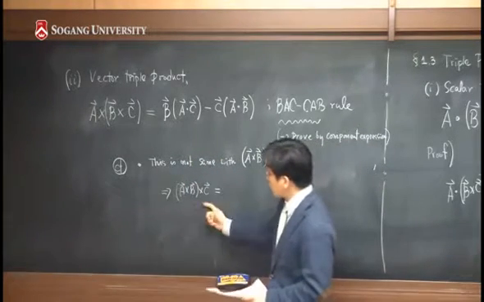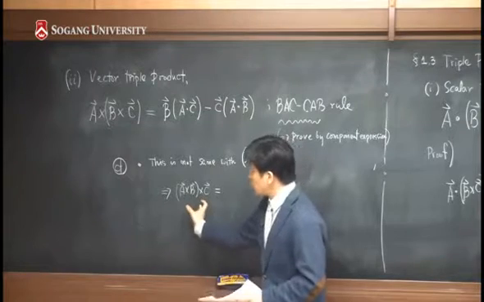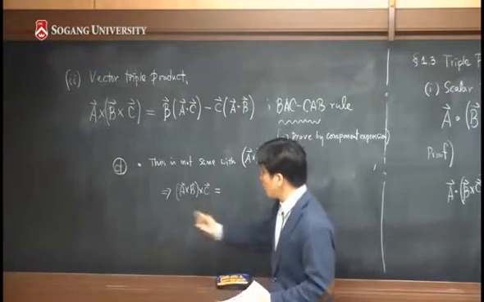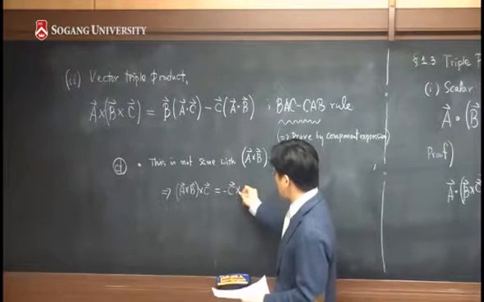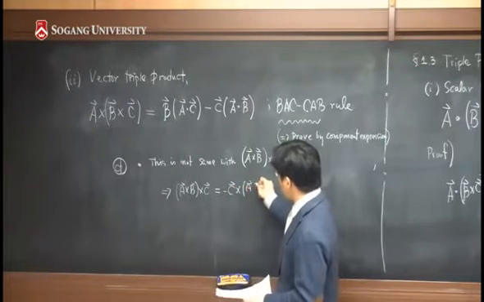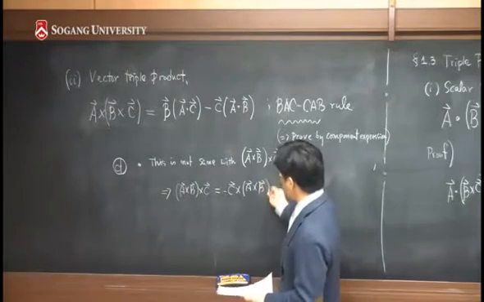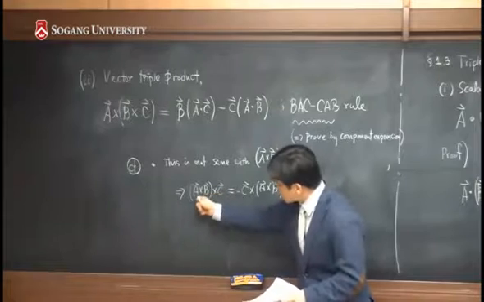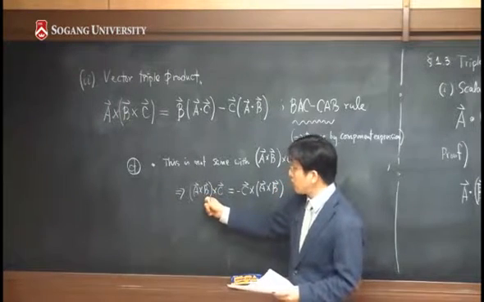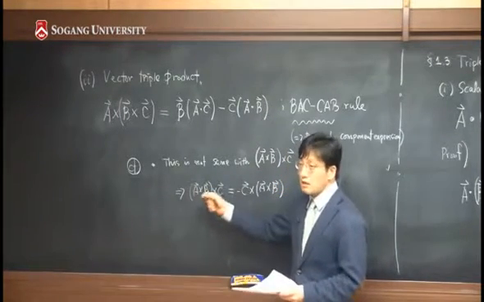In a way, first of all, we can actually switch these two vectors by putting a minus sign in front: minus C cross product of A cross product of B, like this. Because this quantity, A cross product of B, in the parentheses is nothing but another vector.